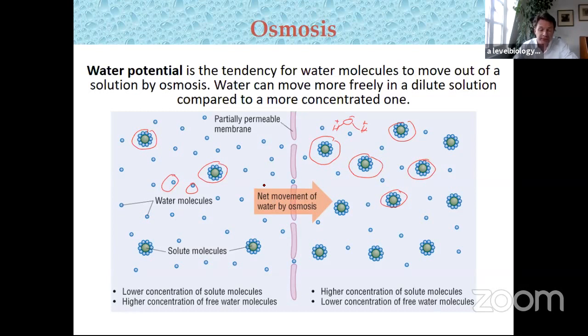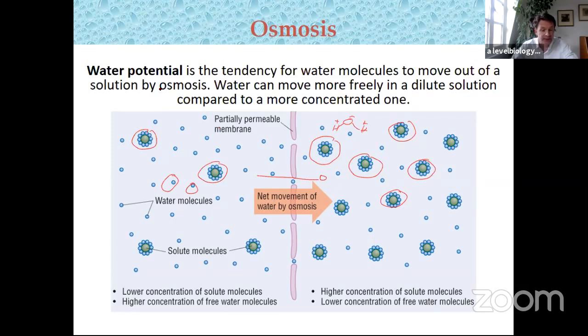And the net movement of water will be from left to right, from an area of higher, that is less negative water potential, to an area of lower, more negative water potential. And the water will move across the membrane until the water potentials are equal.